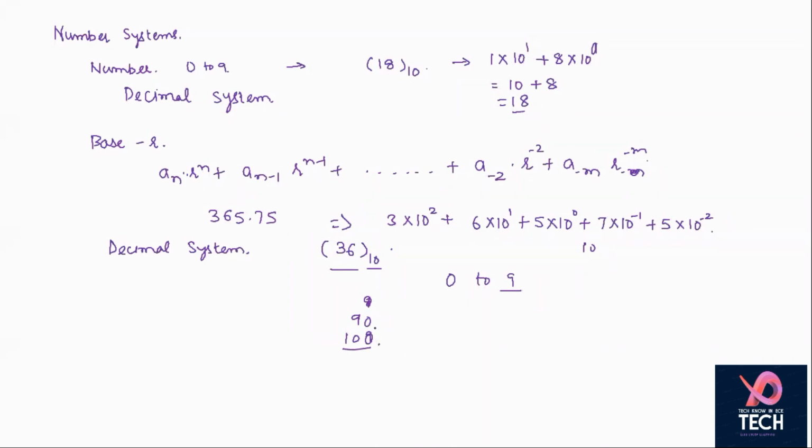Now coming ahead, number systems are fine. When we look forward to working with machines, or rather, we call them switches, then binary comes into the picture, because a switch has only two states, on and off.